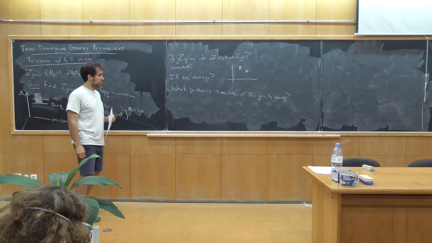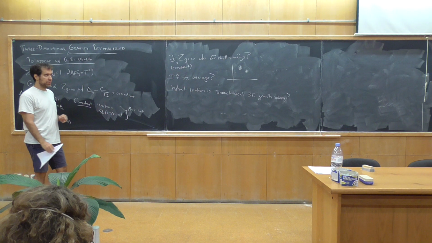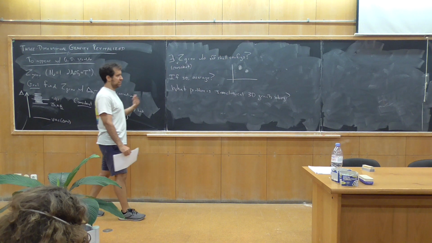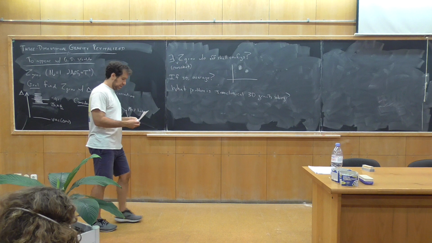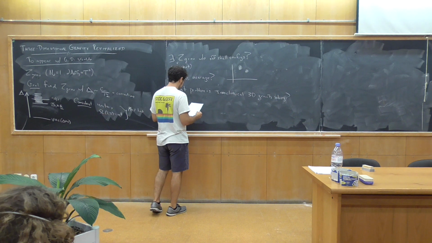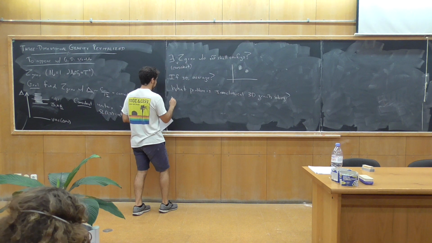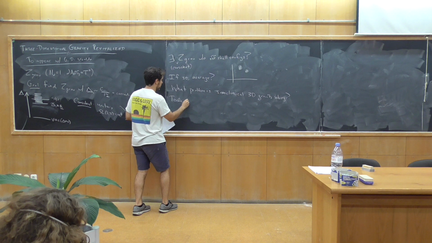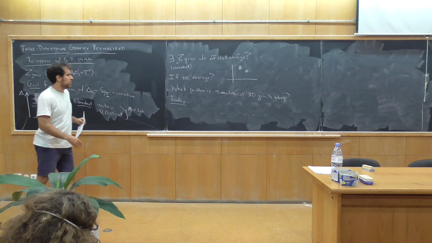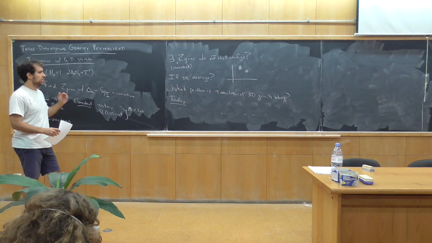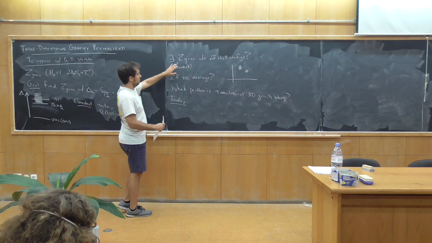Is it really the solution to a bootstrap problem extrapolated to a large central charge, or is it the solution to some kind of coarse-grained or averaged bootstrap problem? And so what I'm going to present today is an answer to this question, which is yes.